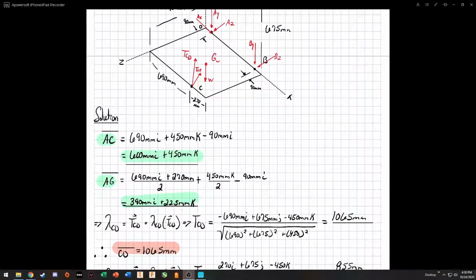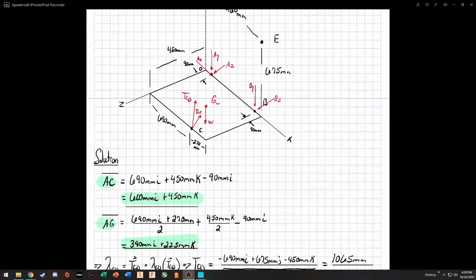To start off the problem, we're going to look at our length AC. That's going to be 690 millimeters in the I direction plus 450 millimeters in the K direction.